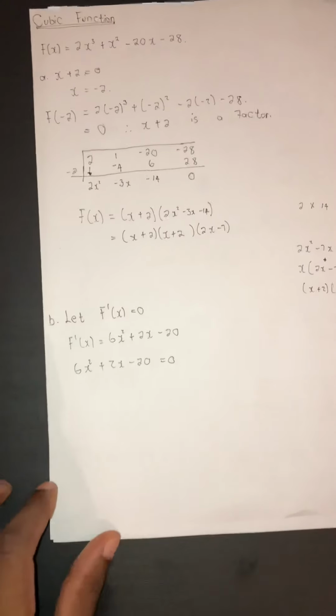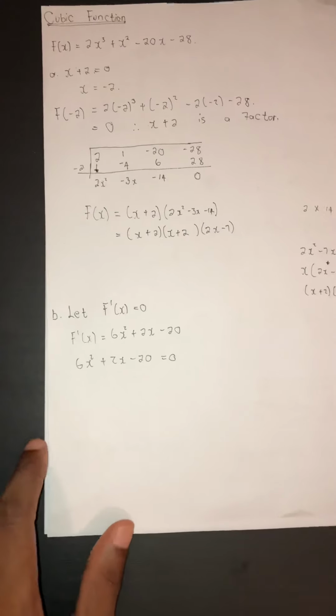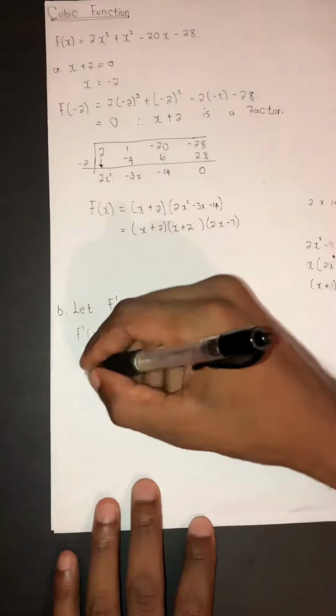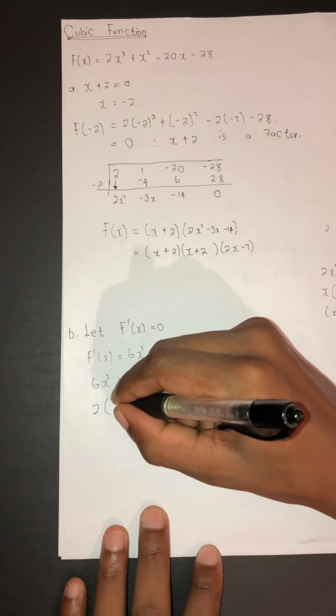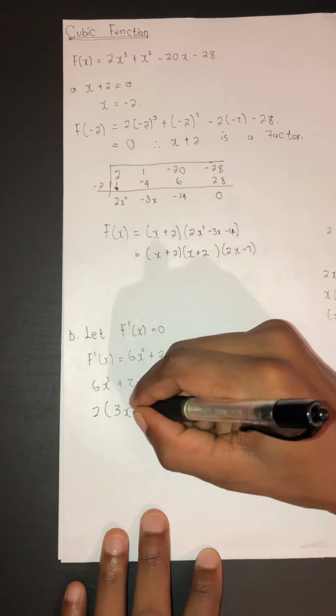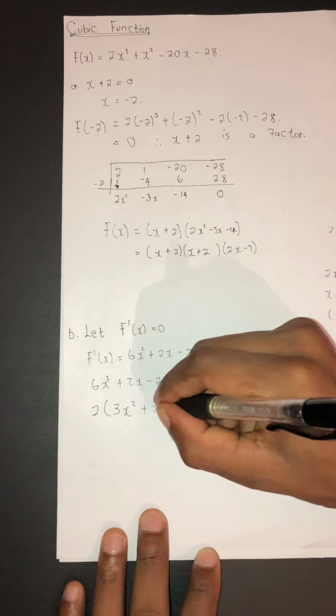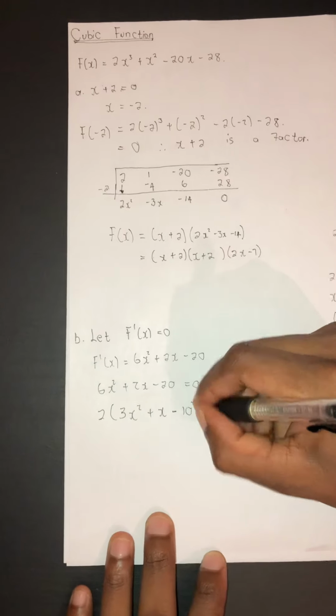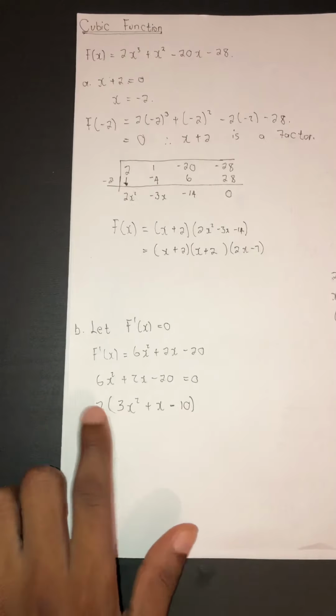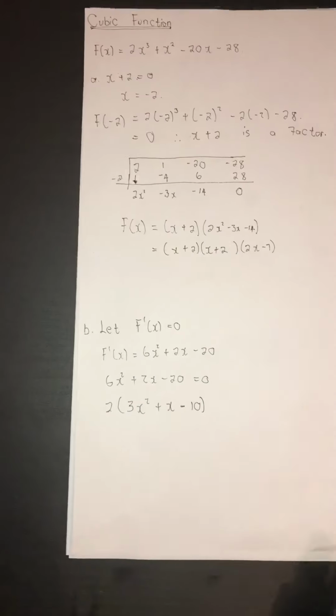Then I want to factorize this. How can I factorize this? Okay, I can see that I can actually take 2 as a common factor. If I take 2 as a common factor, I'll be left with 3x squared plus x minus 10. Since my coefficient is more than 1, I can still use this method to factorize.